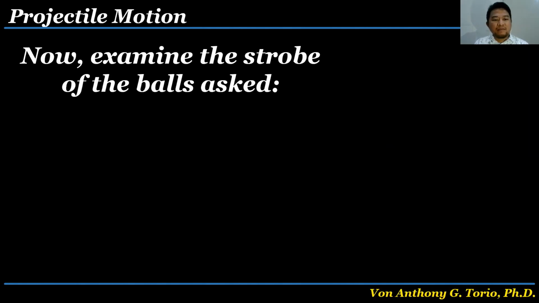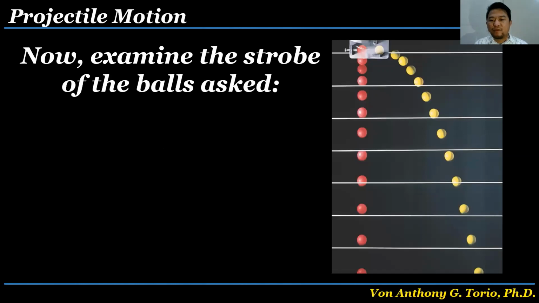Let us now examine the strobe of the balls asked in the previous slide. If you notice what happens to the two balls and the distance they travel along the vertical, they have the same positions with respect to the vertical.